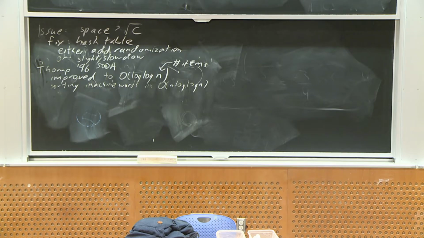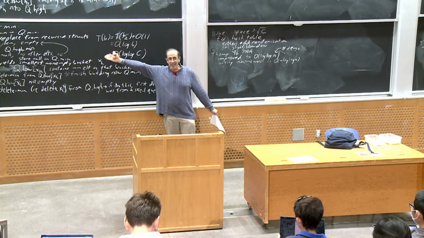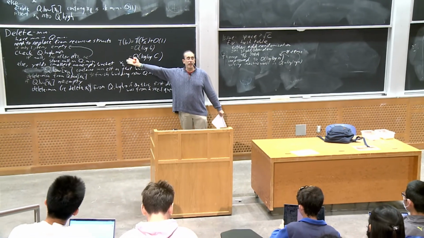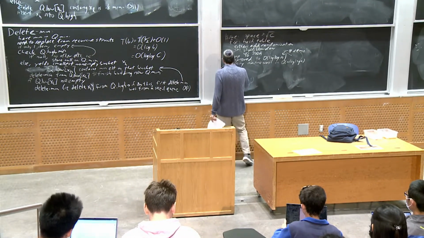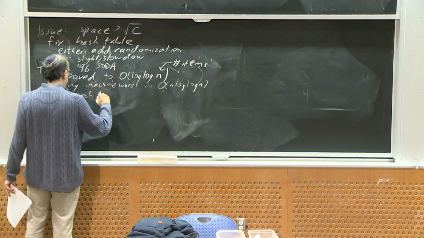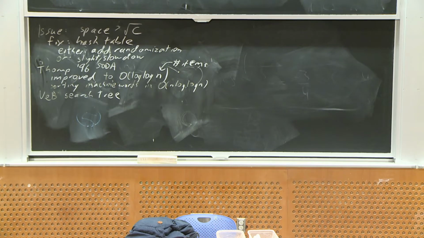Okay. One other thing I'll mention is that I called this the Van Emde Boas priority queue, and that's what everybody calls it. But in fact, it is more accurately called a Van Emde Boas search tree. Because in addition to implementing insert and delete min, you can also implement predecessor and successor in order log b time.